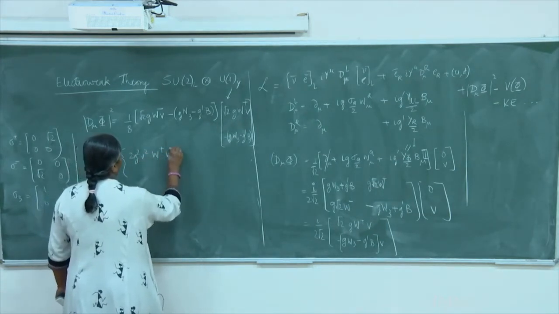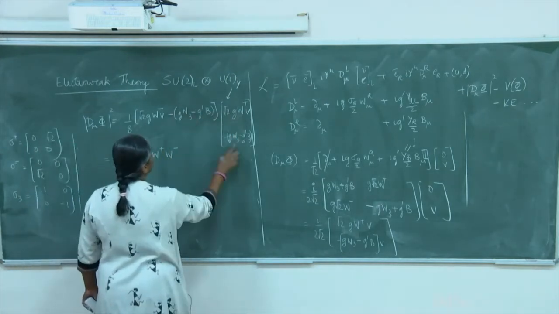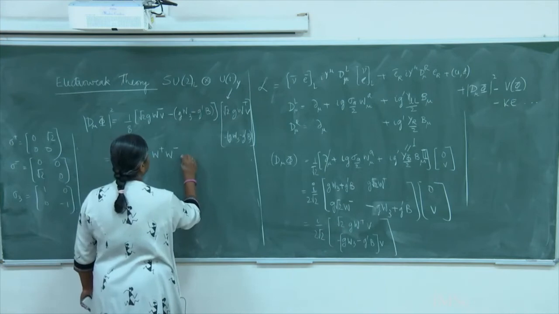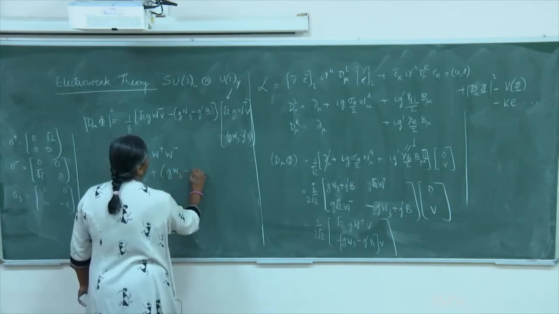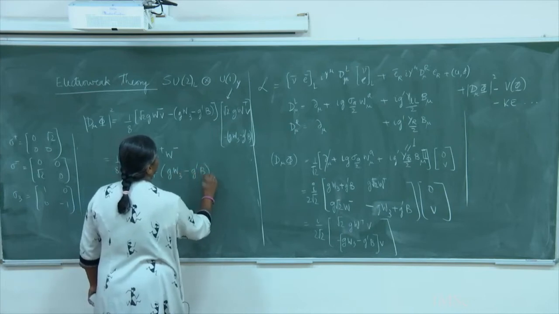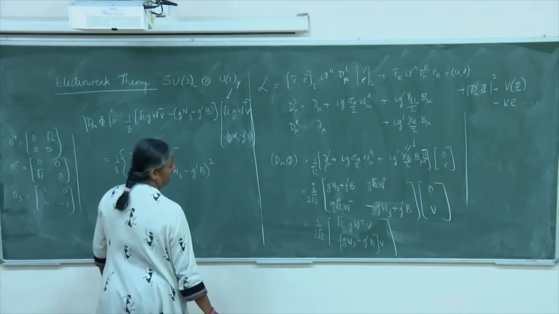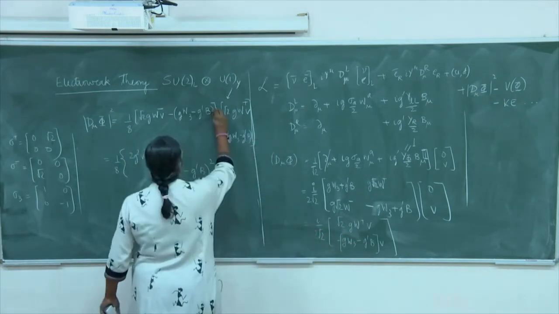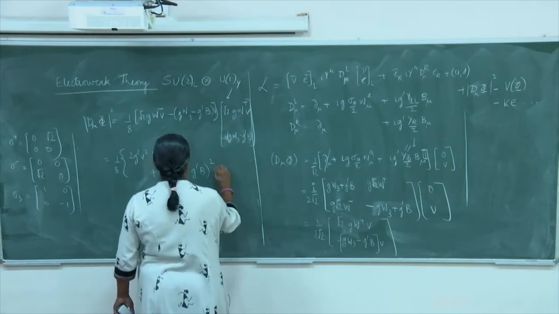W plus W minus. So this into this plus this into this. So minus into minus will give you plus GW3 minus G prime B squared. Again there was a V over here and a V over here, V squared.